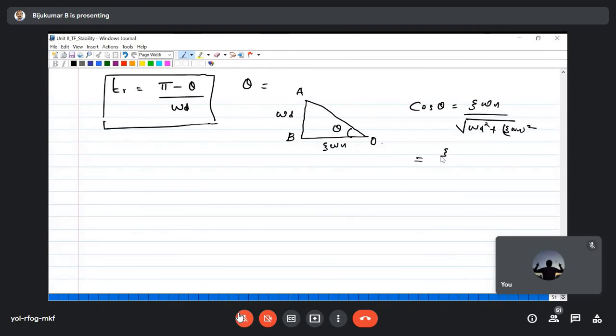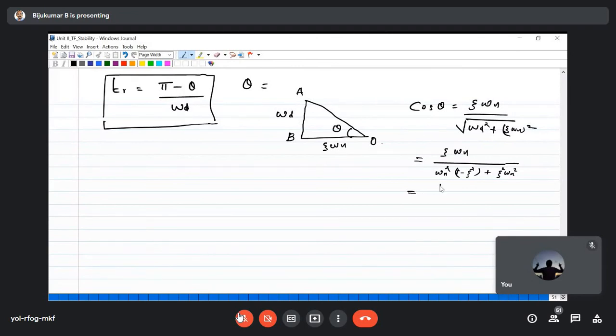This becomes zeta omega n divided by, what is omega d? Omega d square can be written as omega n square into 1 minus zeta square, plus zeta square omega n square.